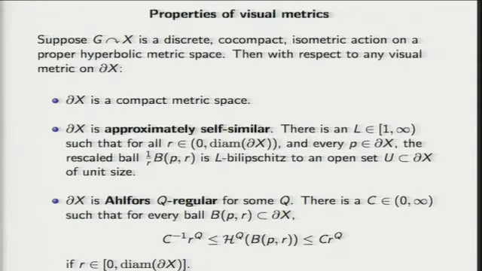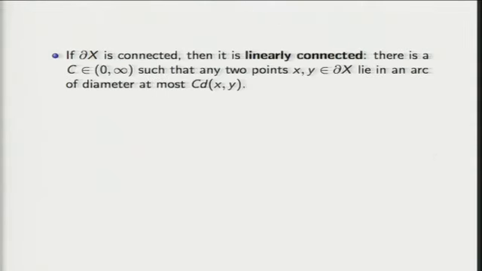Okay. So another property, which doesn't hold in general, is this: if you assume that the boundary is connected, then it satisfies a quantitative version of connectivity, which is linear connectedness, which just says that given any two points in the boundary, you can join them by an arc whose diameter is at most a constant times the distance between the two points.